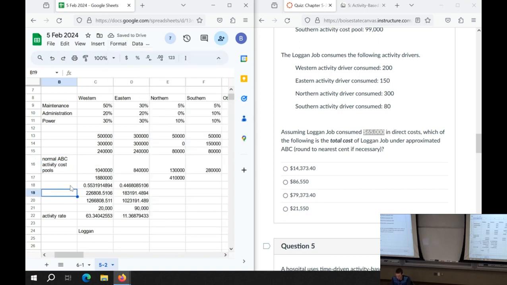This is our low dollar eating. This is our new cost pools. These are our budgeted activity drivers. I'll just call them drivers. And activity rates. So the login job has 65,000 in direct costs.